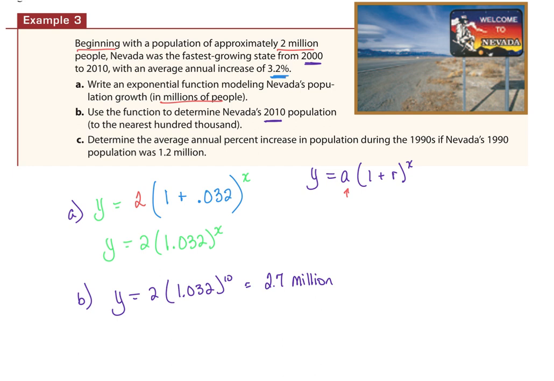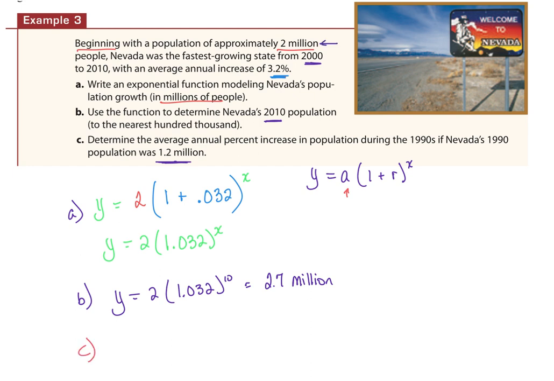Then it gives me another problem. It says determine the average annual percent increase in population during the 1990s if Nevada's 1990 population was 1.2 million. So now they actually want us to find the rate here. And they've given us basically a starting of 1.2, and then we would have the ending of 2 million.